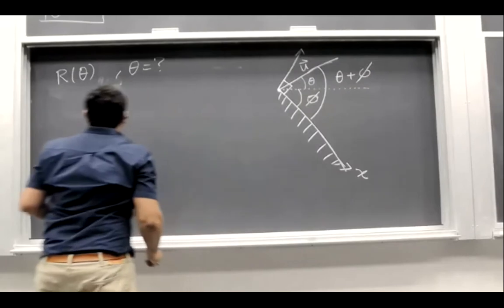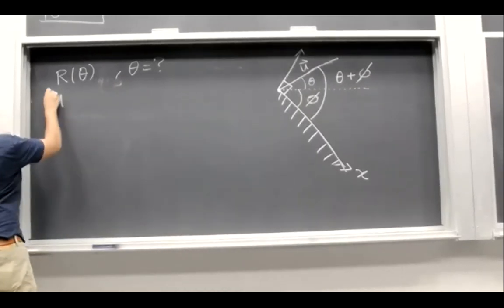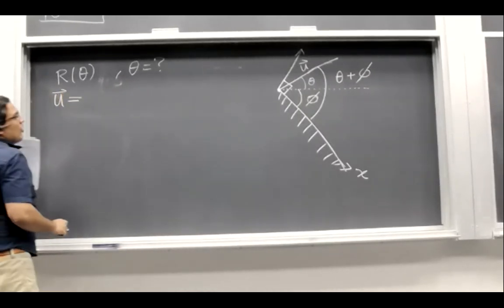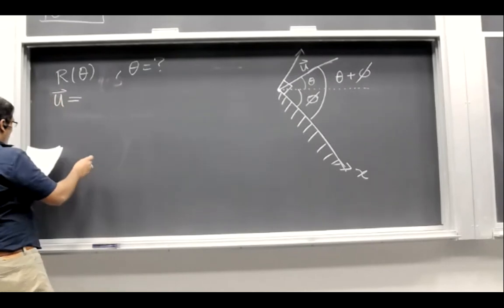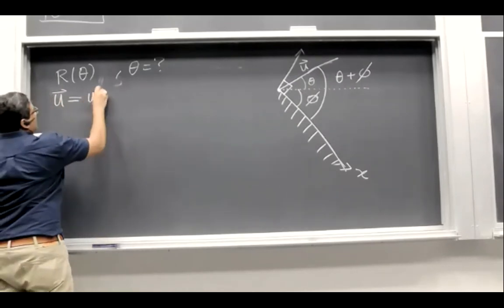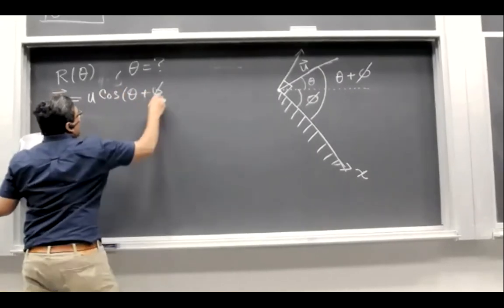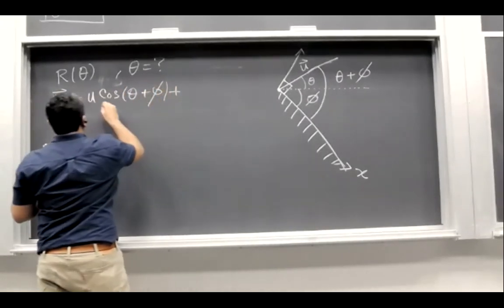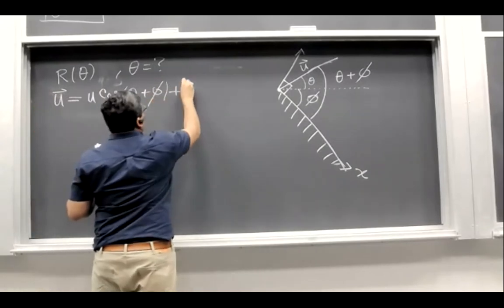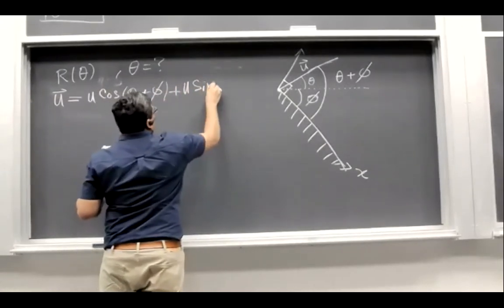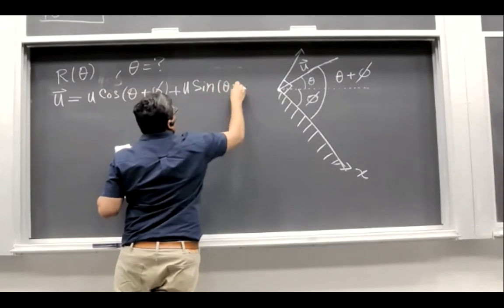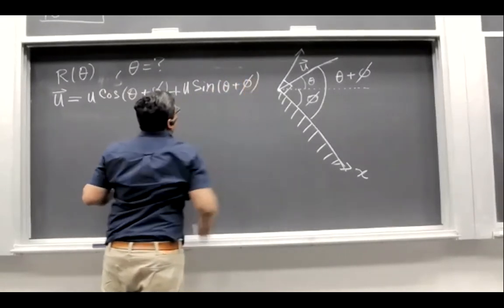So now can I write the components of the velocity along x and y axis? Very simple, no? u cosine of theta plus phi, and u sine of theta plus phi.